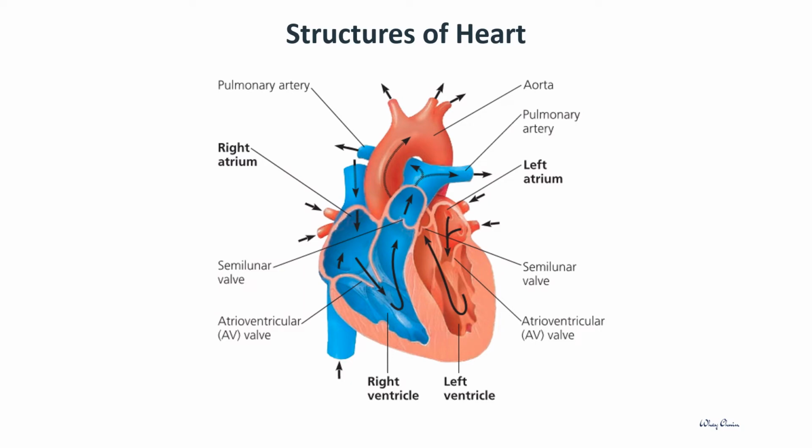The heart is a hollow organ because if we observe the internal structure of the heart, there are four chambers, which are the smaller chambers called atria, and the larger chambers called ventricles.